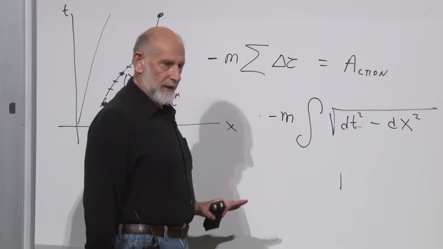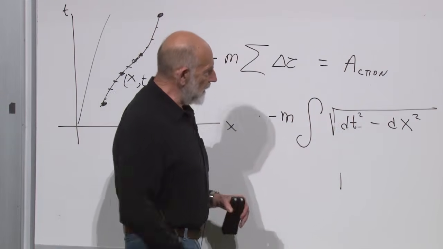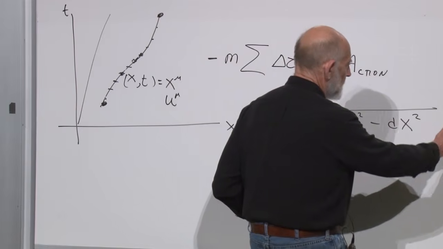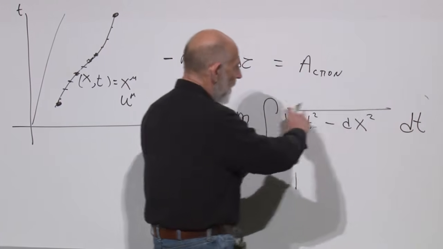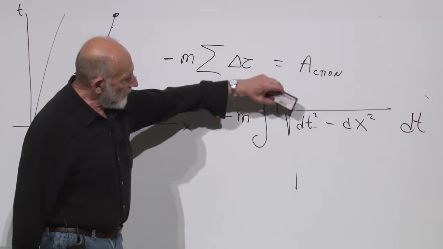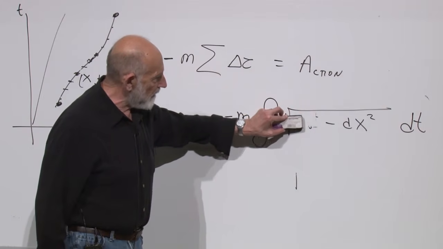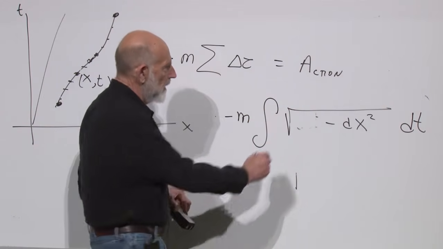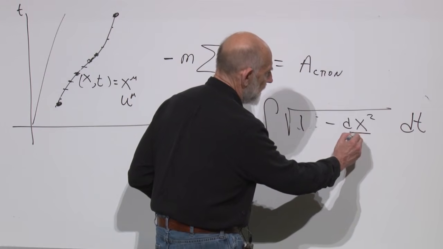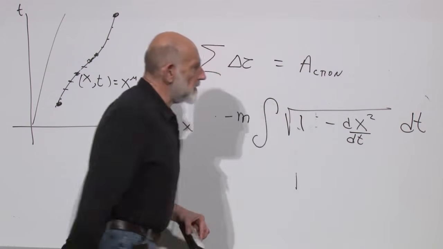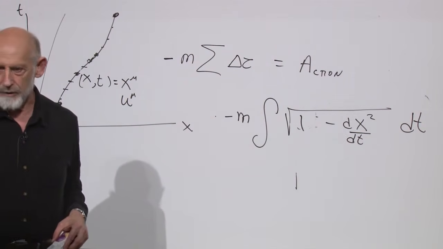Factor out a dt and put the dt on the outside. That means under the square root, we have to divide by dt squared. And this just becomes 1. And what about dx by dt? That's the good old-fashioned velocity squared.